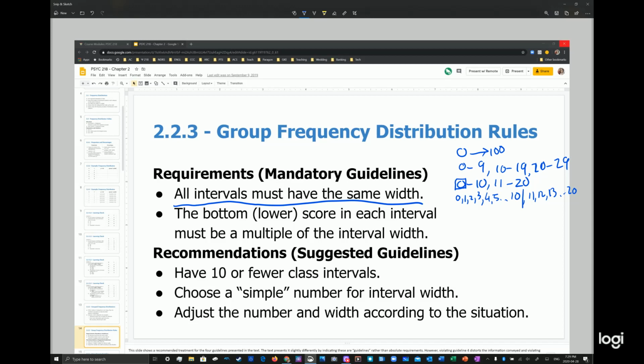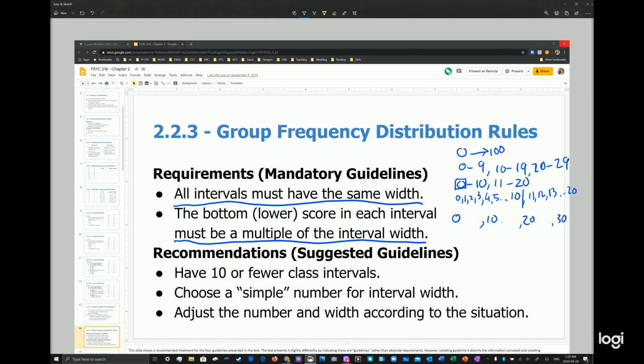The next thing you want to keep in mind, and this is a reason why I took a little extra time writing these numbers, is that the lower number of each interval must be a multiple of the interval width. So if I decide to divide the interval by tens, let's say for a number of 100 categories, that's why I wanted to keep it, the bottom numbers are 0, 10, 20, 30, and so on.